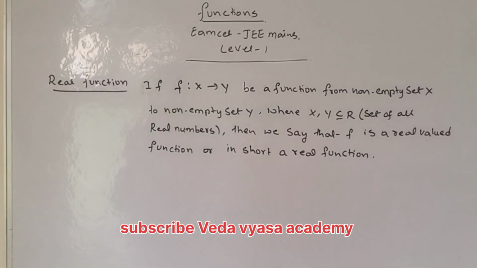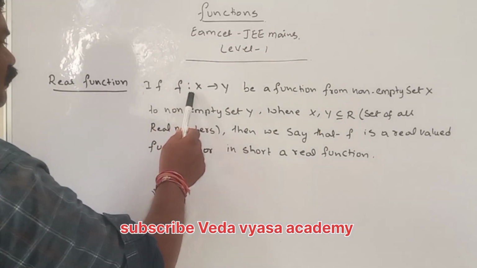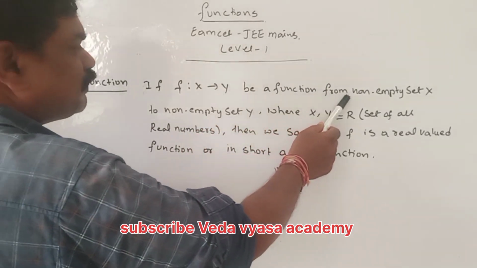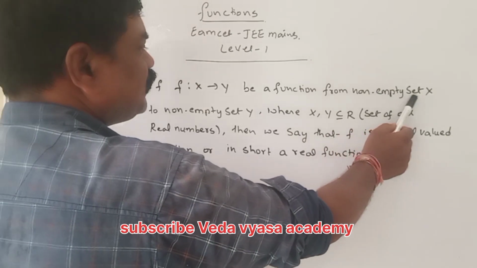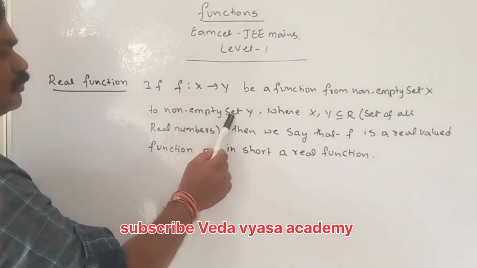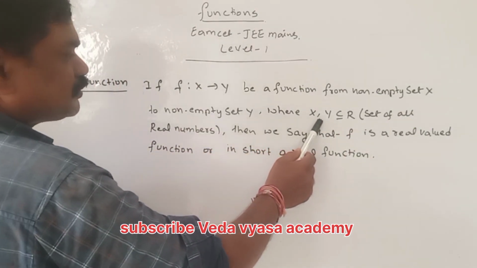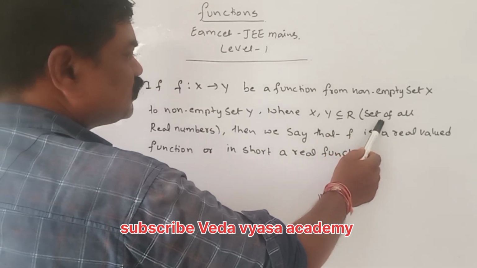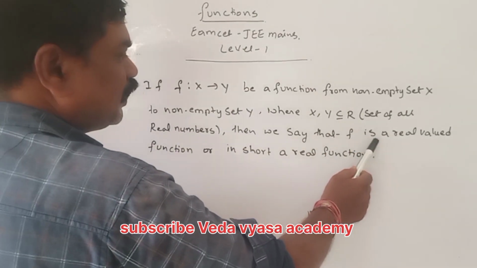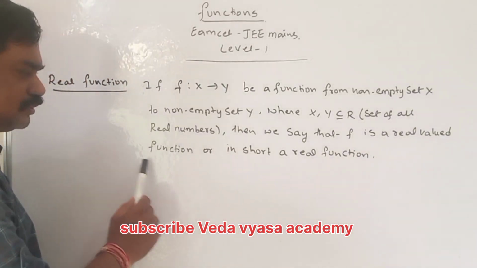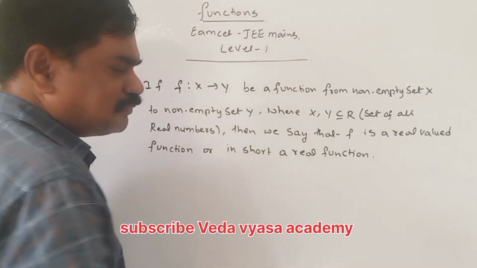Here, what is a real function? If f: X to R is a function from a non-empty set X to a non-empty set Y, where X, Y are subsets of the set of all real numbers, then we say that f is a real valued function, or in short a real function.